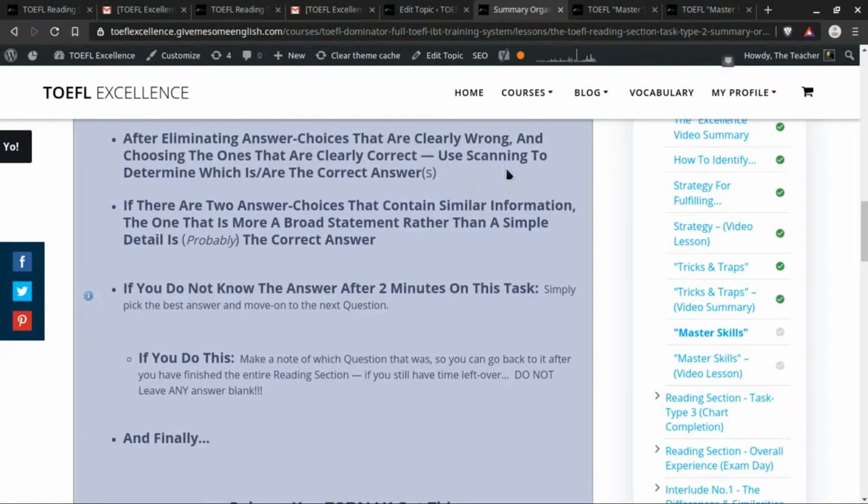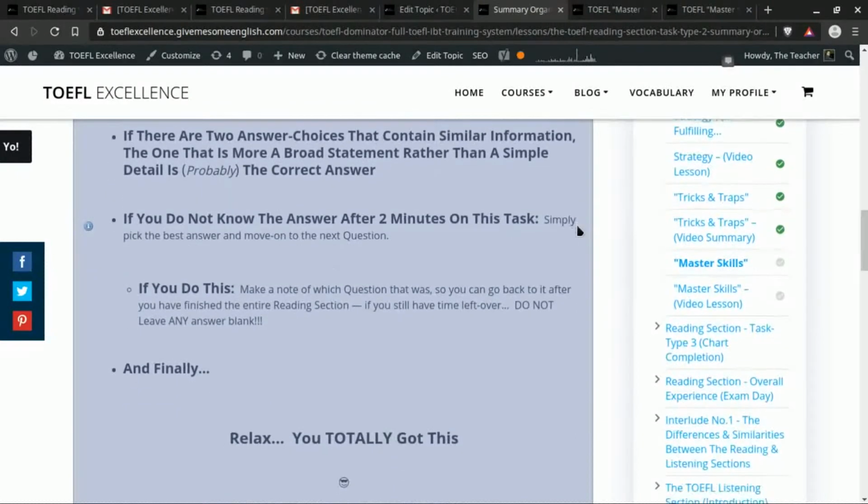And what's interesting is that almost all of the TOEFL textbooks that are available don't tell you how to find the answers or how to maximize your time. I have not taken any other TOEFL training courses, but I developed this one because the other ones don't tell you how to do it. That's what we're doing here. So even though this is a strategy, it's a master skill compared to everybody else that's doing it.